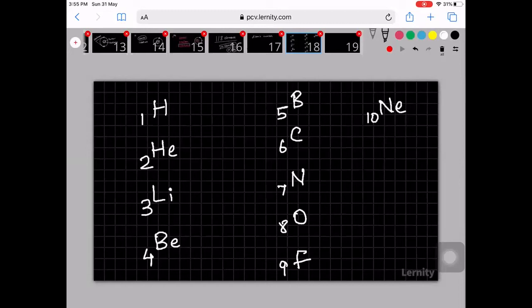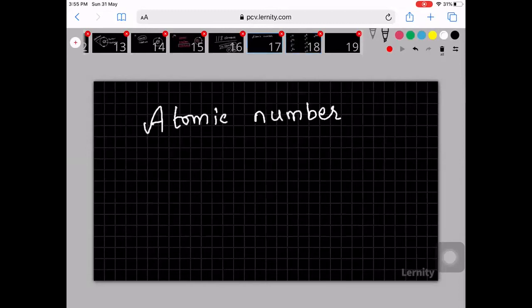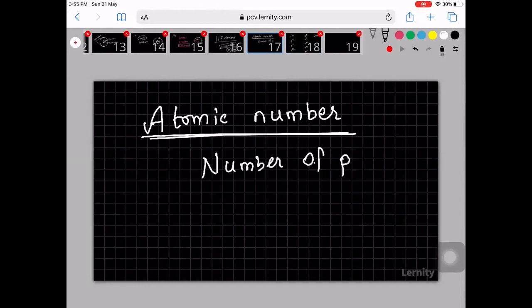What does atomic number mean? If I say the atomic number is 2, the atom will have 2 protons. So atomic number represents the number of protons in an atom. Clear?